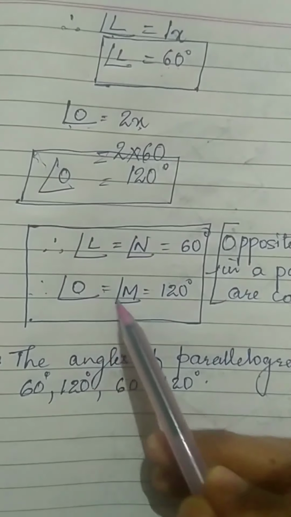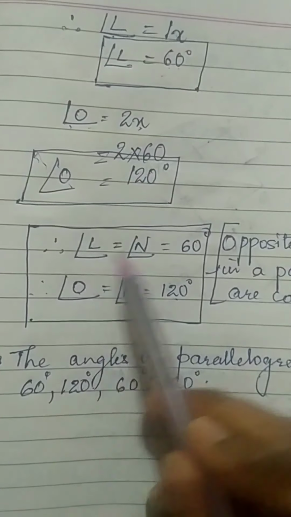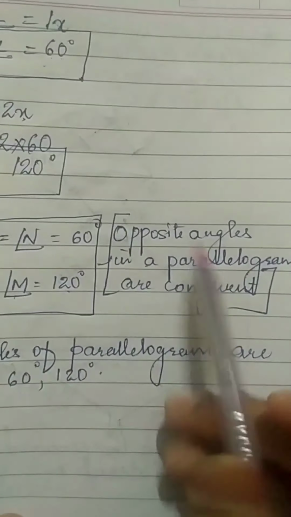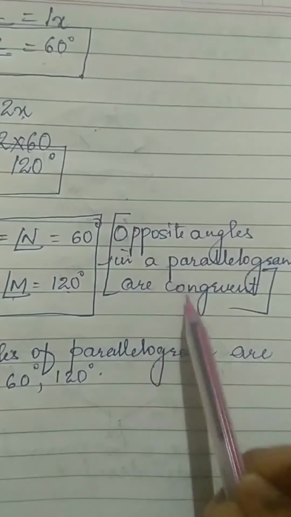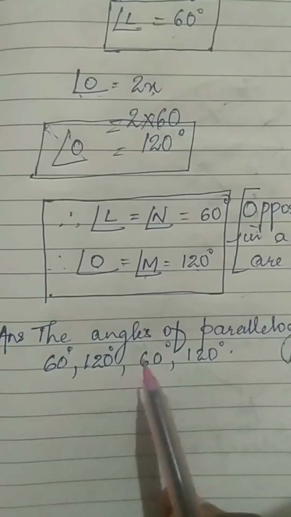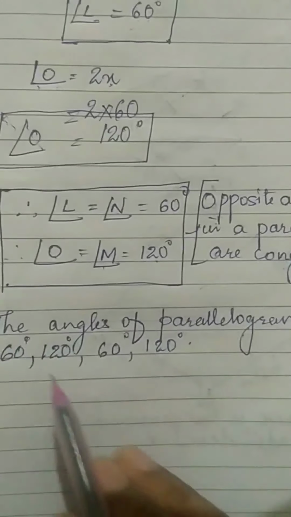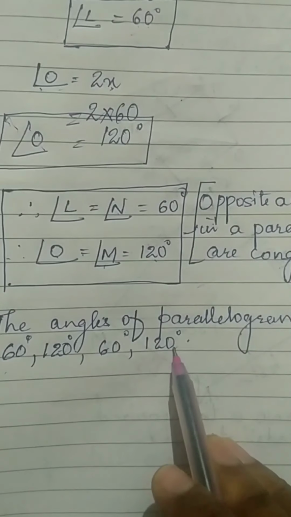Angle O is equal to angle M, both will be 120 degrees. Why? Because the opposite angles are congruent. So you have to mention the reason. Opposite angles in a parallelogram are congruent. Reasons carry marks, so kindly write the reason. And for the final answer you will write the angles of the parallelogram are 60 degrees, 120 degrees, 60 degrees, 120 degrees.